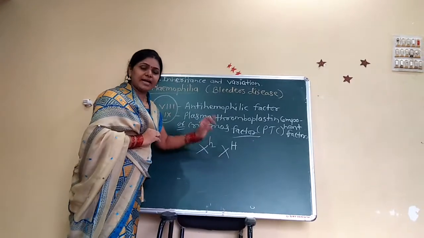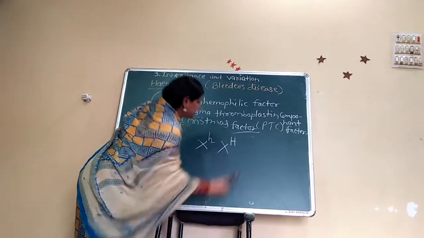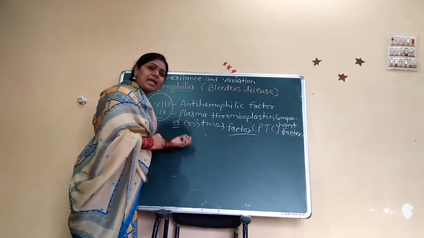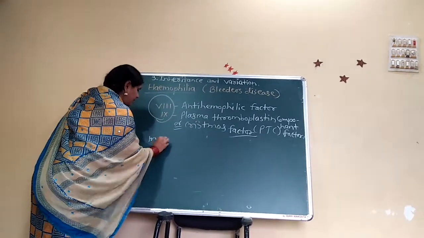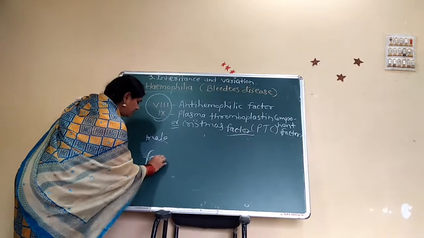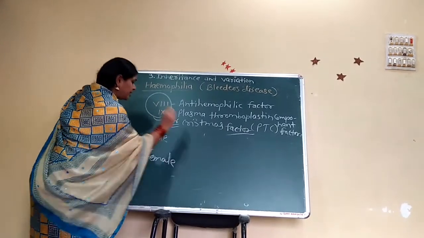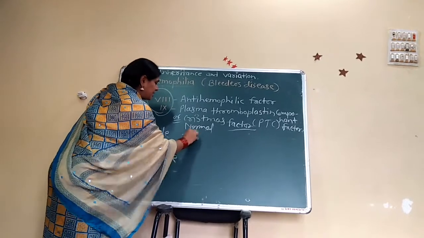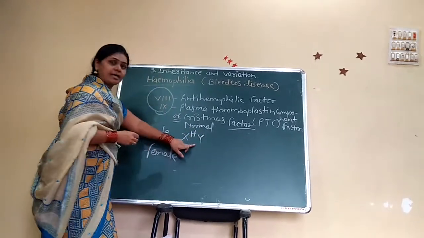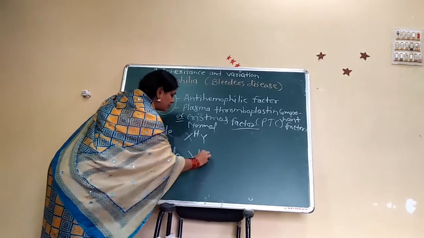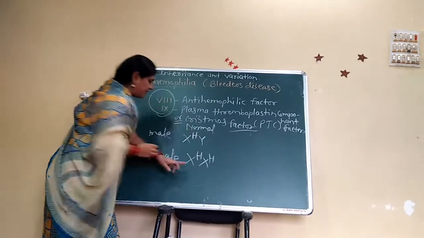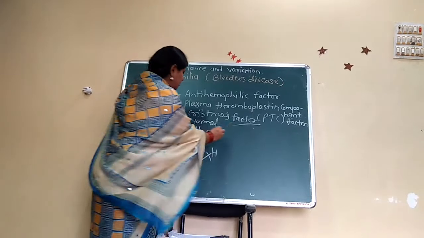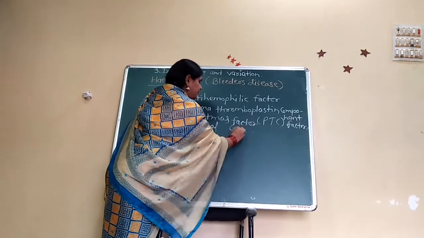And that's why when we see the normal male and female here, the normal male is X capital H, Y, and the female is normal because of the dominant capital H, and the hemophilic is the carrier here.